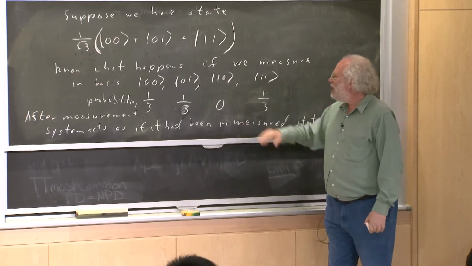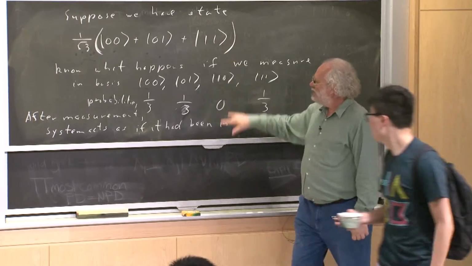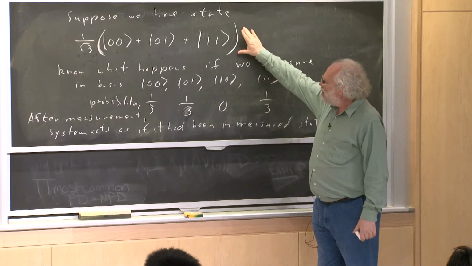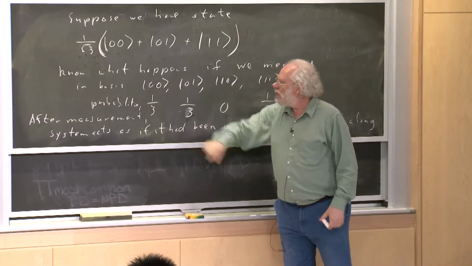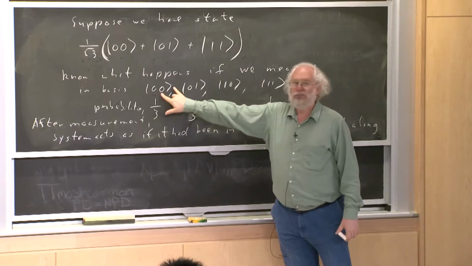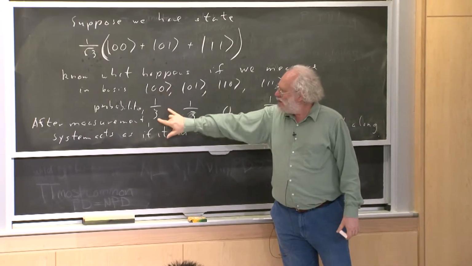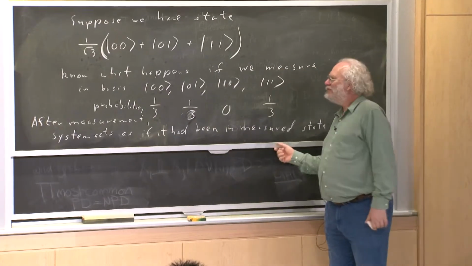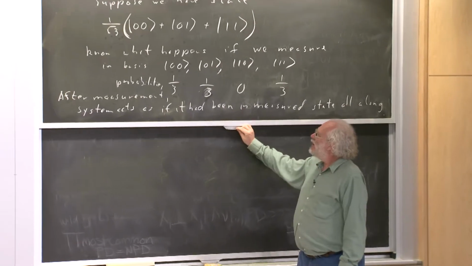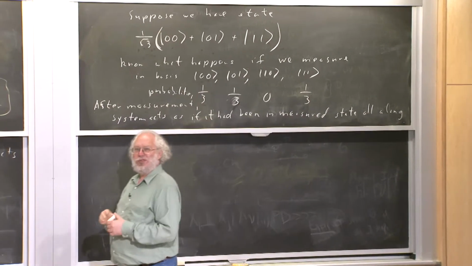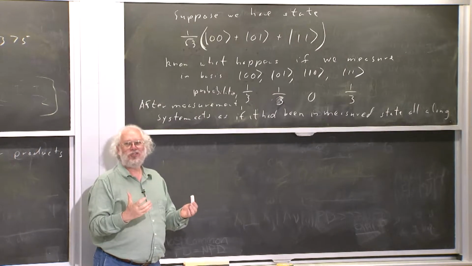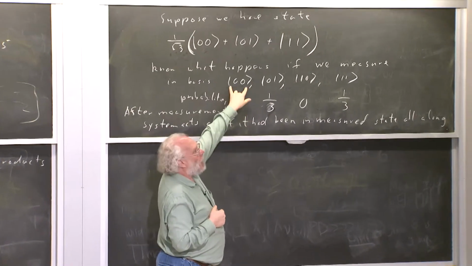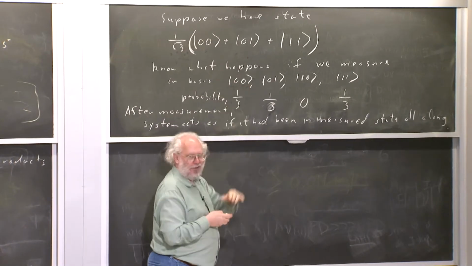But if you make a measurement and you get 00, you cannot tell whether you were in this state to begin with and happened to measure 00 with probability 1/3, or whether you've just been in the 00 state to begin with, in which case the probability of getting that measurement would be 1. And you would still be in the same state. So the traditional description of the measurement is that your measurement projects you onto the state.